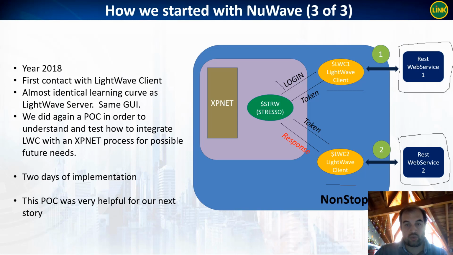We send a request that contains login information to the first web service, and with that we obtain a token that is sent to the second instance of our client, and so we are able to access the second web service, and with that we obtain the desired response here in red.